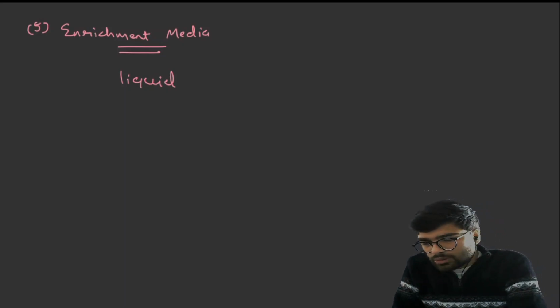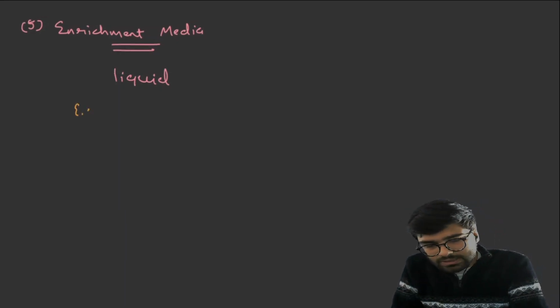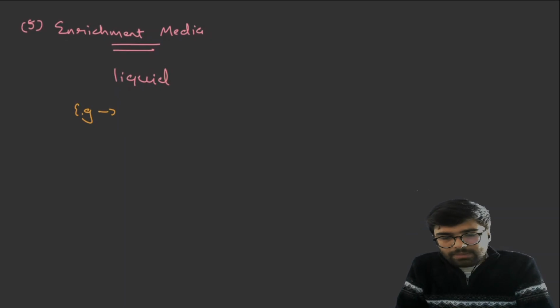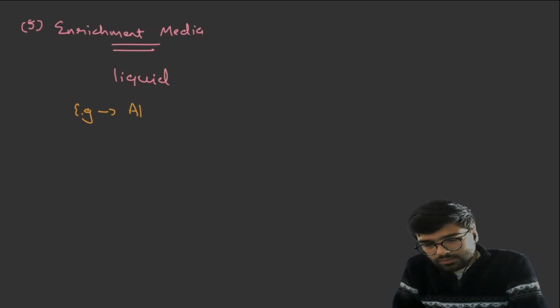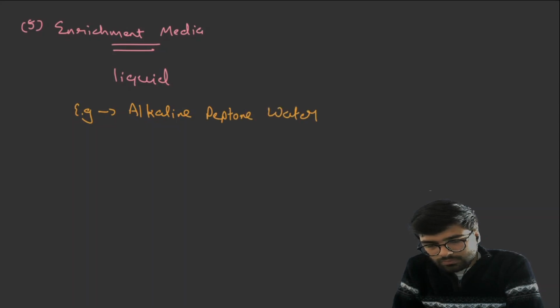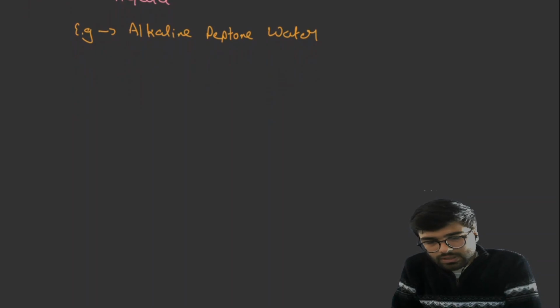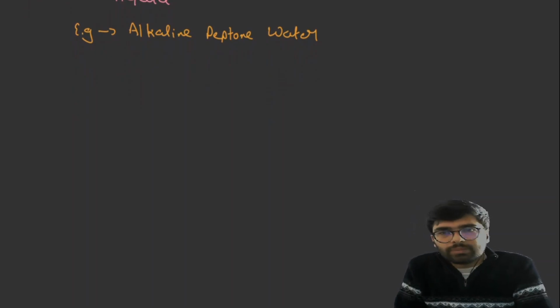Now directly jump to the examples. Examples include alkaline peptone water. It helps in the growth of Vibrios.